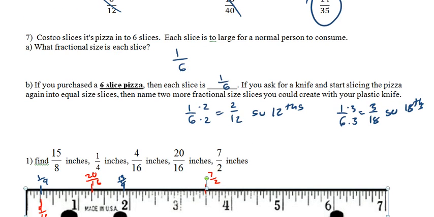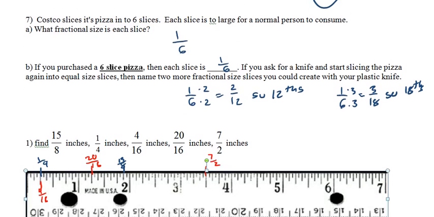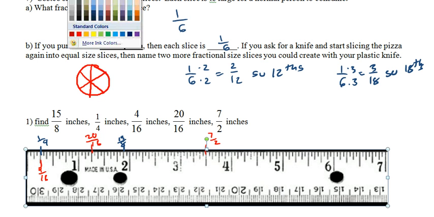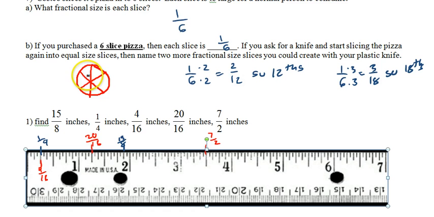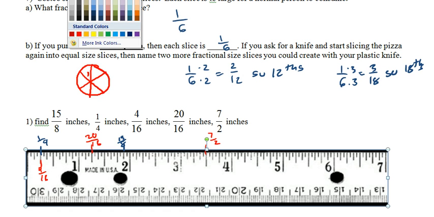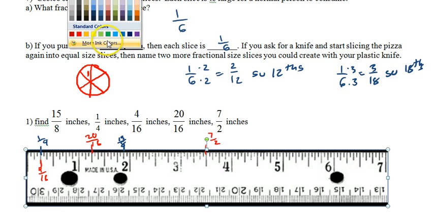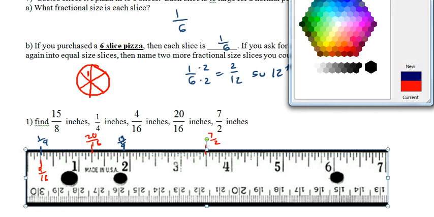For 7, the fractional size is 1/6, and then if you want to make some more pizzas, you just cut them up into smaller sizes. So any number you pick, that's what you get. Here's what it basically looks like. Here is a Costco pizza, right? And we're going to, oh, come on. Sorry, I'm having color issues here.